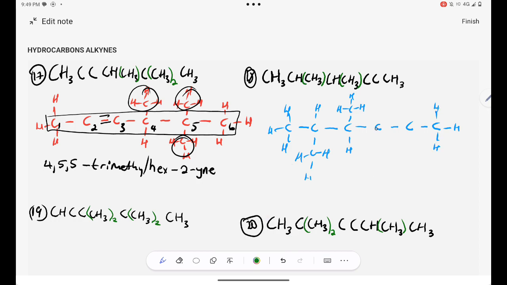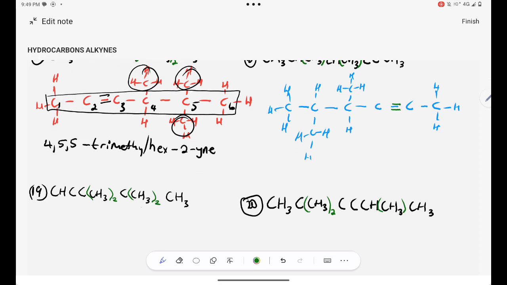I can see that these 2 are not fully bonded. I must make sure that they are fully bonded. So whenever I start numbering, I'll start from the terminal which is closer to the triple bond. This will be carbon 1, 2, 3, 4, 5, and 6.